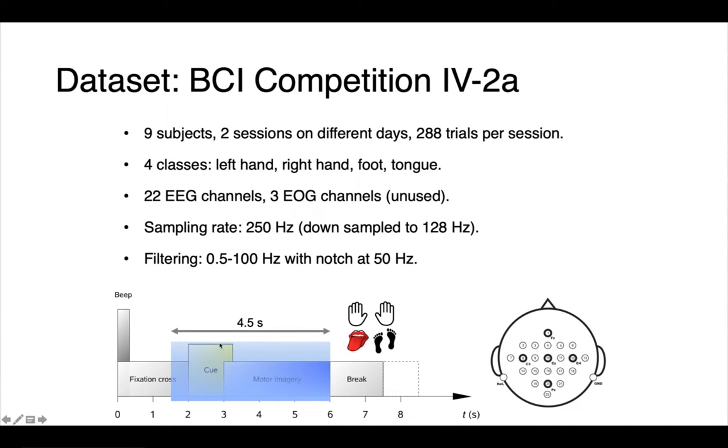Once the cue disappears, the subject will imagine moving that part of the body for a few seconds, and then there will be a break for the subject to rest and wait for the next trial. So the four classes are left hand, right hand, foot, and tongue. Each class takes 72 trials within a session.